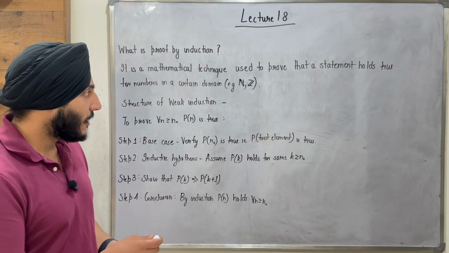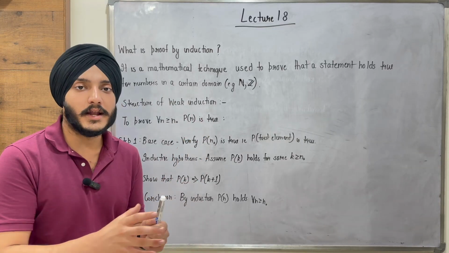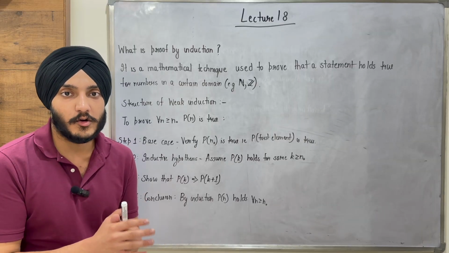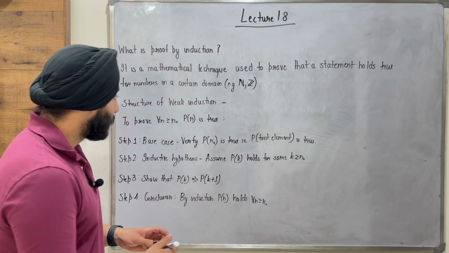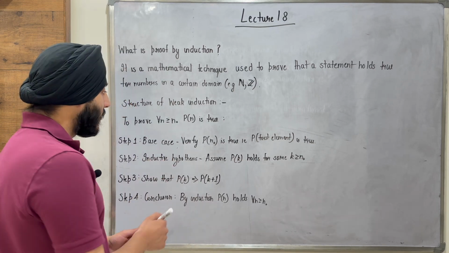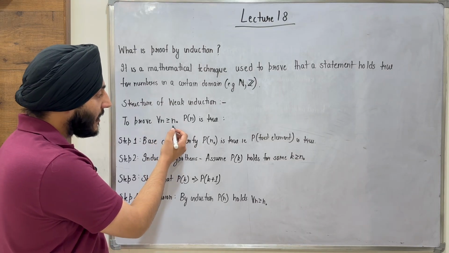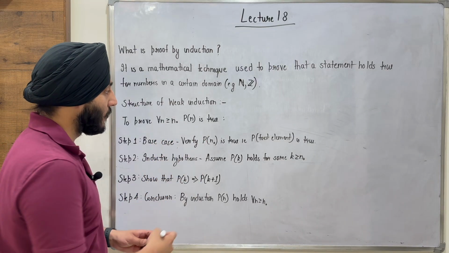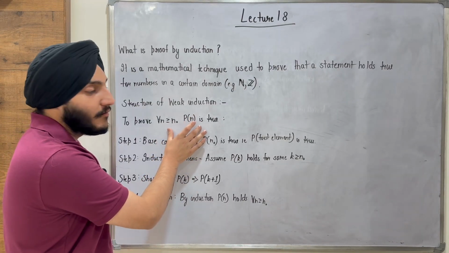But now let's try to understand the structure of weak induction. Just like I said, keep in your mind that we are trying to create a domino effect, and you'll understand how we are trying to do it. So let's look at the structure, right? This is just a basic example: to prove for all n greater than or equal to n0, P(n) is true. So this can be a general form of the proof that we have, right?